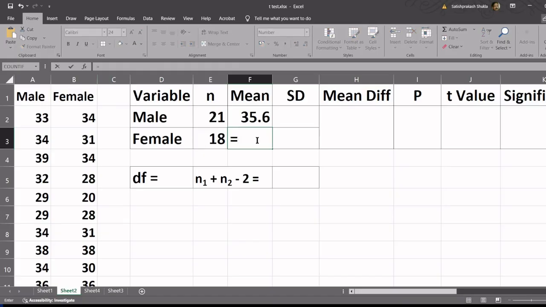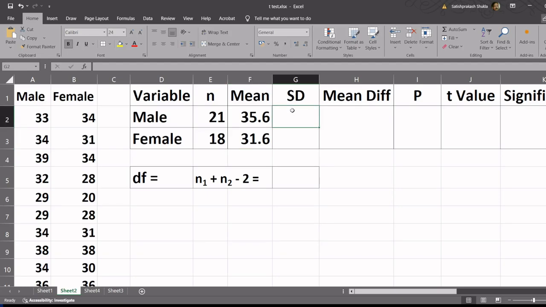In the same way, mean of the scores of female teachers will be found. For that, function will start with equal sign and then average and in bracket data range B2 to B22, enter key, and we have got the mean of female teachers.